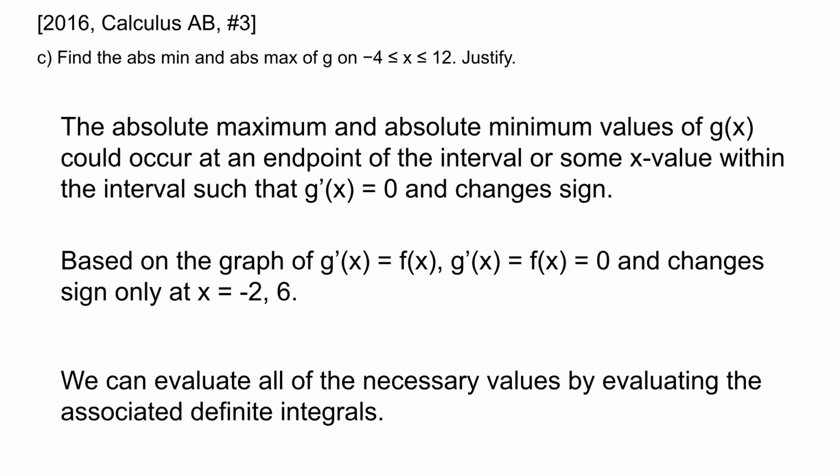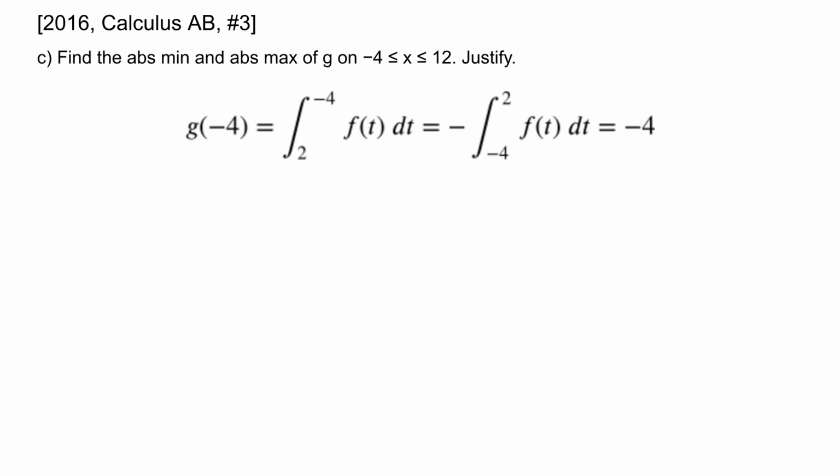We can evaluate all of the necessary values by evaluating the associated definite integrals. G of -4 would be the integral from 2 to -4 of f of t dt, which is the opposite of the integral from -4 to 2 of f of t dt, which should come out to -4.